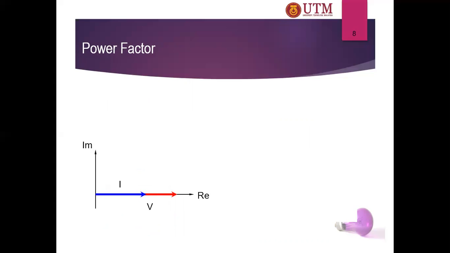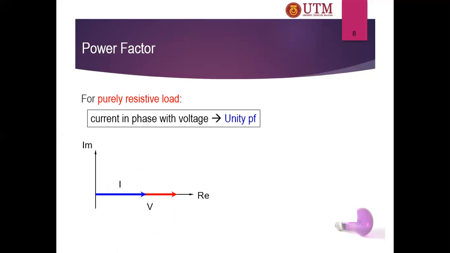And for a circuit with no phase difference between the voltage and the current, as can be seen here, this shows that the circuit is a purely resistive load. When there is no phase difference, theta is 0, so the cosine of 0 degrees is equal to 1, meaning that you have what is called the unity power factor.